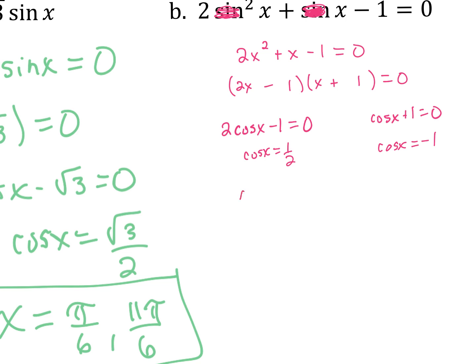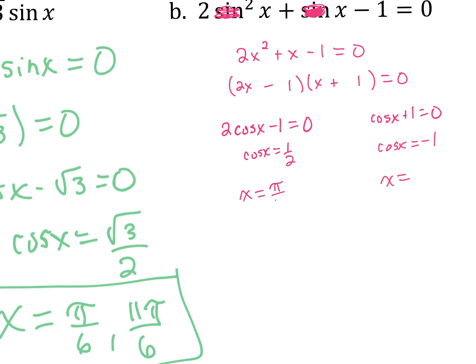All right, so where are our solutions for this? Where's the cosine of x equal to 1/2 on the unit circle? 2 places. Pi over 3. There we go.